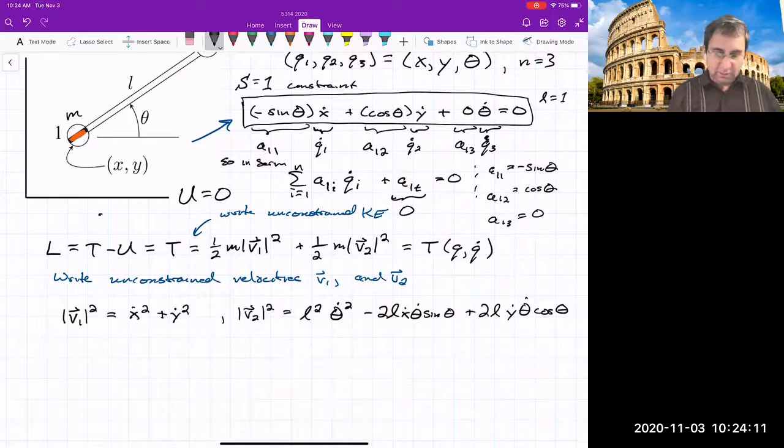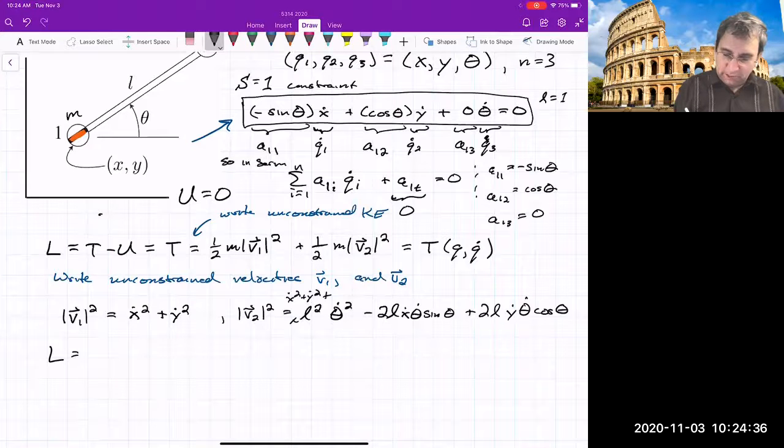So we would have a Lagrangian that's, let's see, am I missing something here? I think this will also be x dot plus y dot squared. Sorry about that.